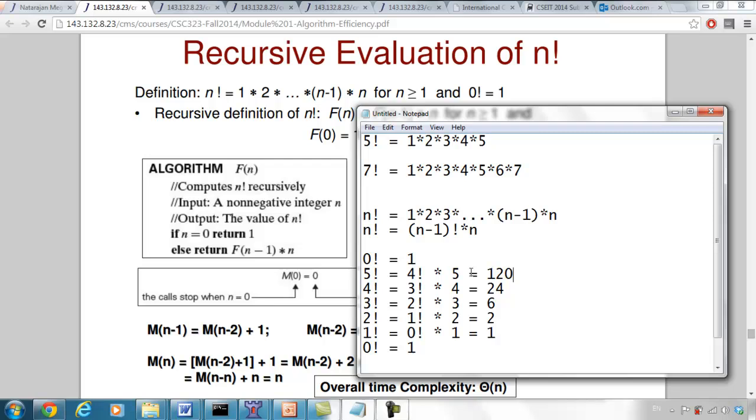Okay, so that is how we compute 5 factorial in a recursive way.